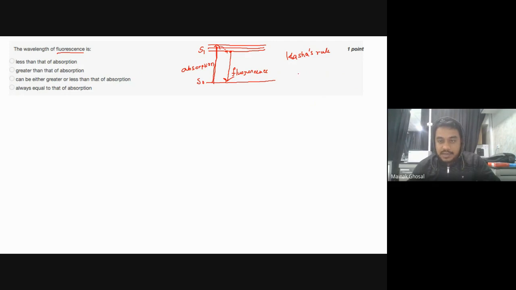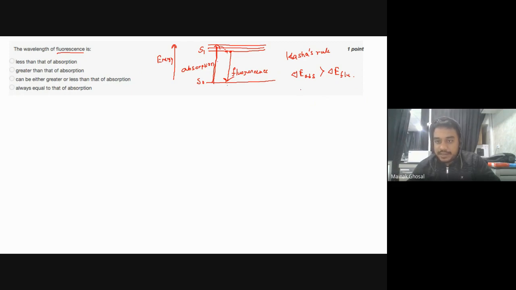Now you see the delta E for absorption is greater than delta E for fluorescence. You can clearly see that absorption has a higher energy difference, because the left side axis is energy. From this to this, delta E is higher than from this to this.